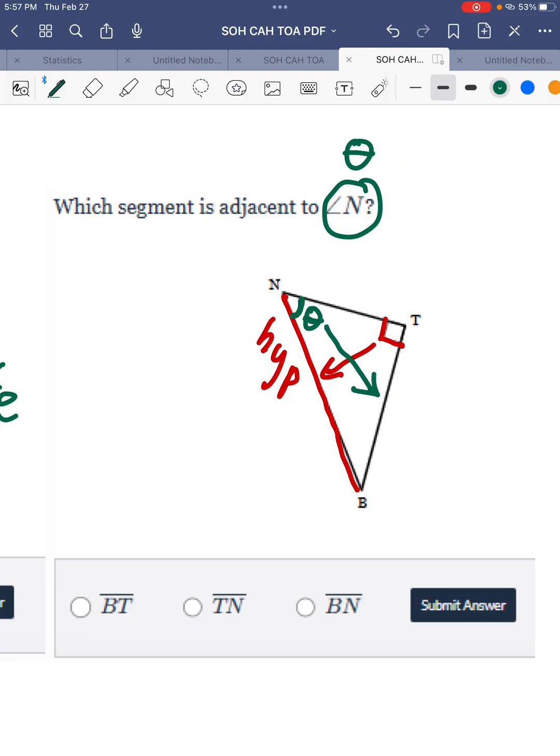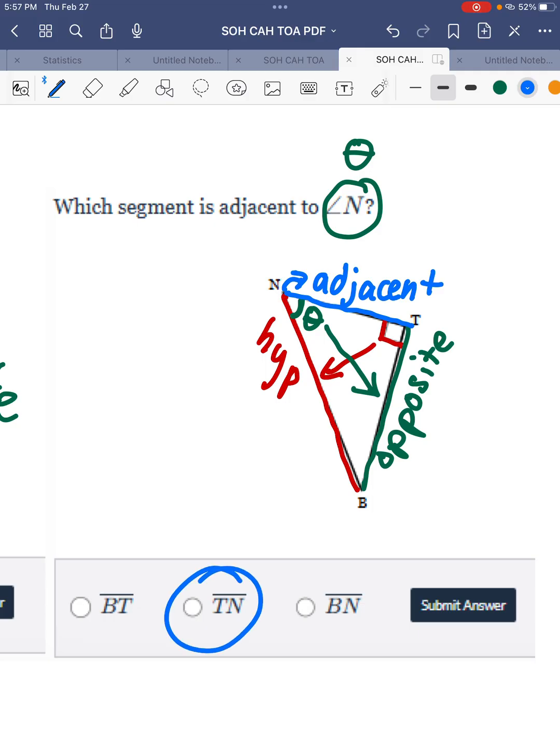I'm going to draw an arrow to the opposite end to label my opposite. And finally, the remaining side that's next to my theta is the adjacent. So this blue line that I labeled adjacent is connecting the N with the T. So this is my answer right here.